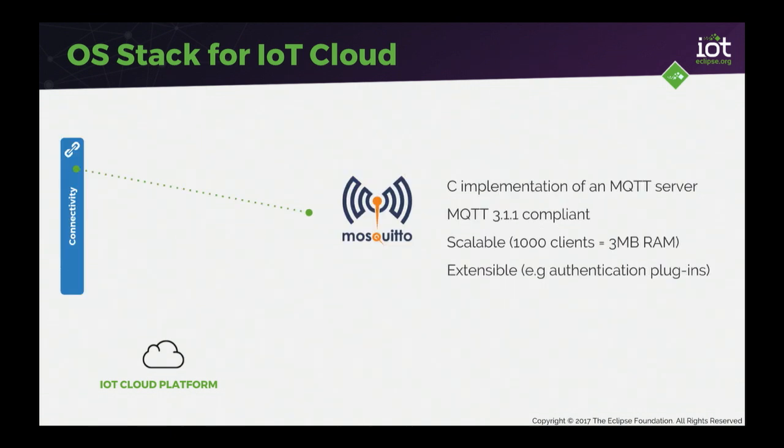Data ingestion in the IoT backend platform: Eclipse Mosquitto can take care of that. That's a server implementation of the MQTT protocol. It's a really, really popular MQTT broker that you may want to use. But yeah, those are building blocks, and that's not really enough, because when you want to build a real IoT cloud, you may have many concerns in mind.